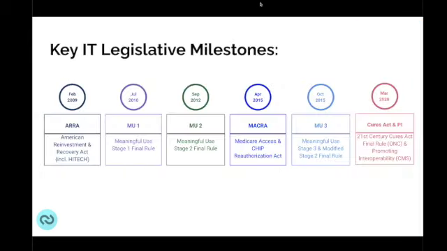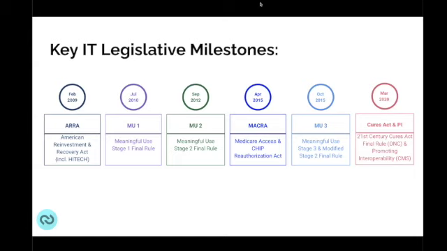Just over the last decade or so, there have been several key legislative milestones that relate to information technology in the US. And these 6 elements that I've laid out on the screen here have really shaped the way that not only healthcare is delivered, but the way that IT has progressed in the last decade and really set the stage for how it's going to continue to progress in the coming years.